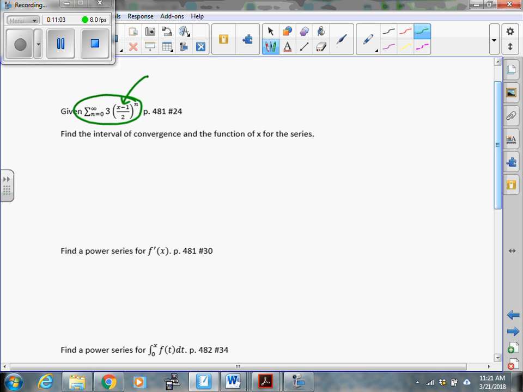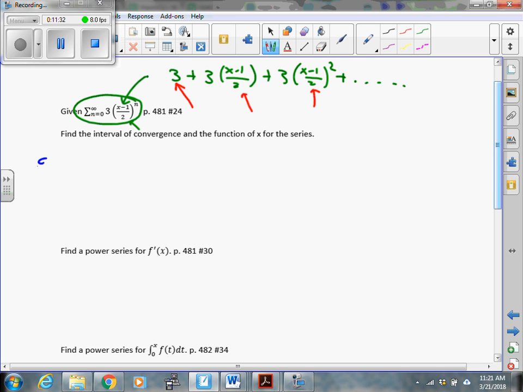If I wrote this out in process, my first term is 3, and then it's this thing to the 0 power, which is 1, plus my next term would be 3x minus 1 squared over 2, plus 3x minus 1 over 2 squared. So I can see it's geometric. It has a first term, and it has this constant multiplier. Okay, so I know it's geometric.